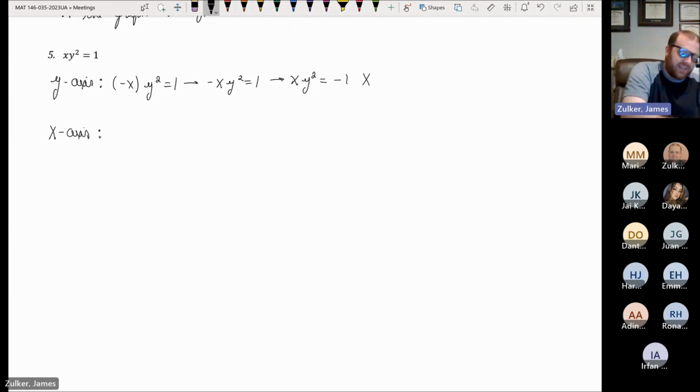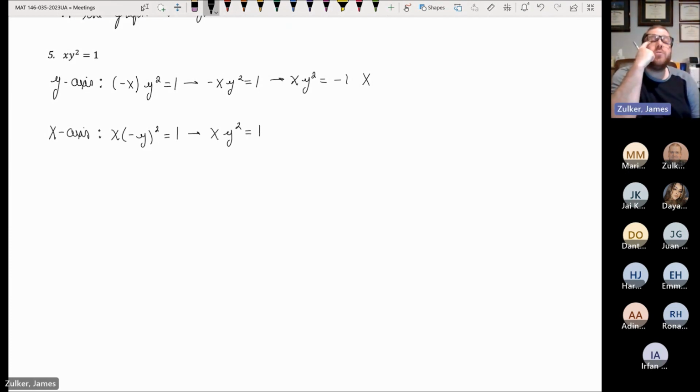Now check about the x-axis. Replace y with negative y. Negative y quantity squared is just y squared, right? We get x y squared equals 1. That checks out. We have symmetry about the x-axis. Check about the origin.